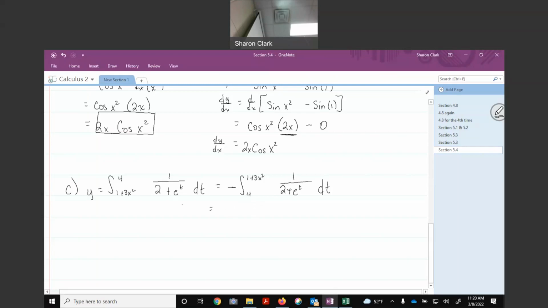dy/dx equals d/dx of negative the integral from 4 to 1 plus 3x squared of 1 over 2 plus e to the t dt. So that gives me negative 1 over 2 plus e to the 1 plus 3x squared, times the derivative of what we're plugging in.